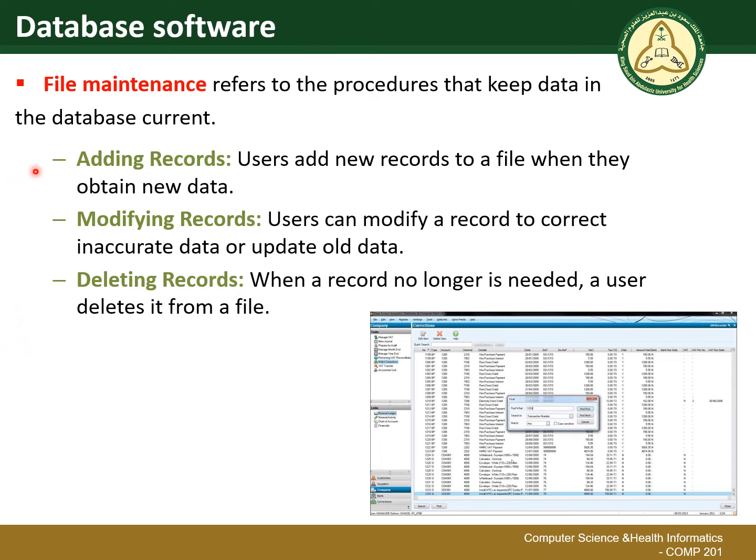By adding records, when you have new data, you will add records to store this data, and if there is wrong data or old data that needs to be updated, we can use modify records to update the current data with accurate data or with new data. Deleting records: when the record is no longer needed, the user deletes it from the file or from the table.